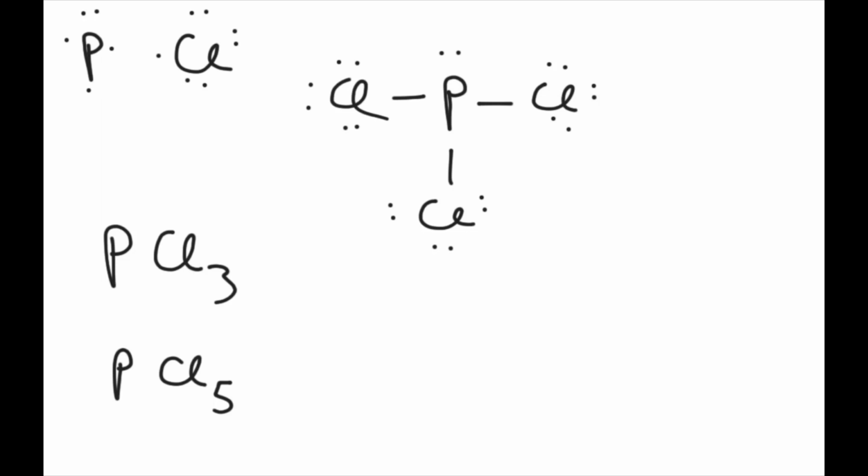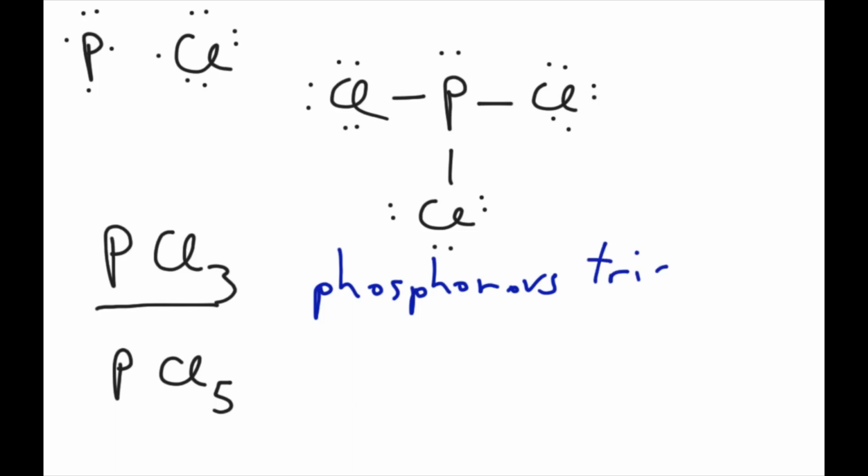So in the case of the first compound, if we were to name this atom, we would go through and call it phosphorus, but we would count up the atoms and we would use the word tri for 3. So instead of saying phosphorus 3 chloride, we're going to say phosphorus trichloride. And that tells us that there's 3 chlorine atoms attached to a phosphorus.